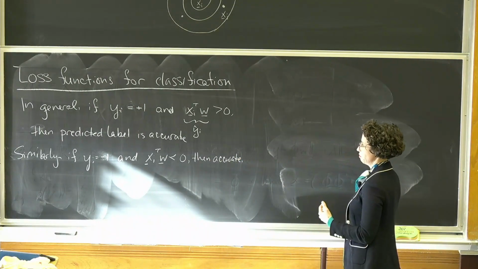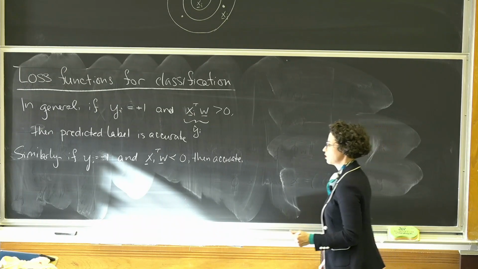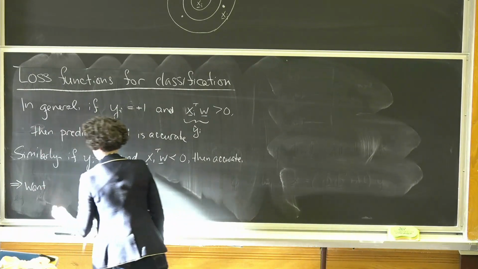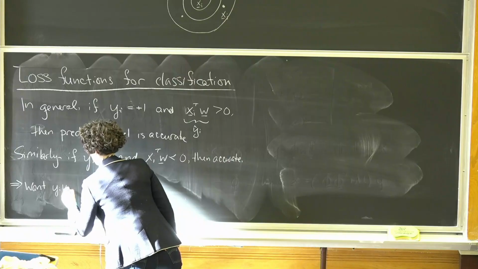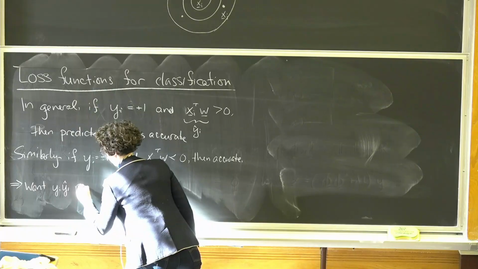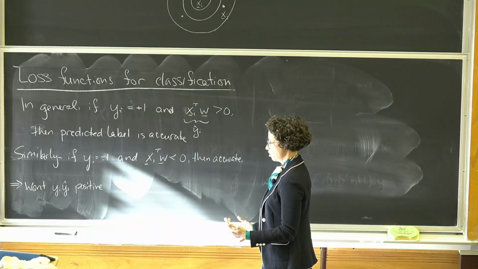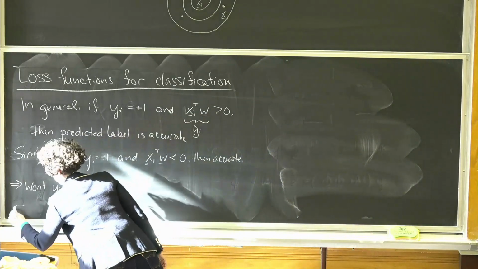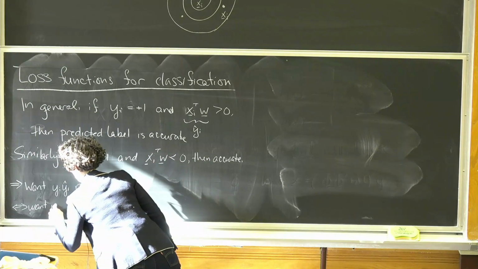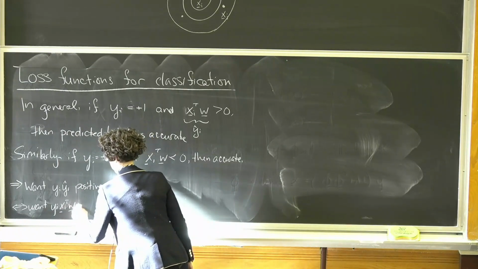Okay, so what we care about in many settings is exactly this expression that showed up in our least squares expression. What we want is that yi and yi hat, that product, we want that to be positive. That's an indicator of correct classification. Or equivalently, we want yi times xi transpose w to be positive.